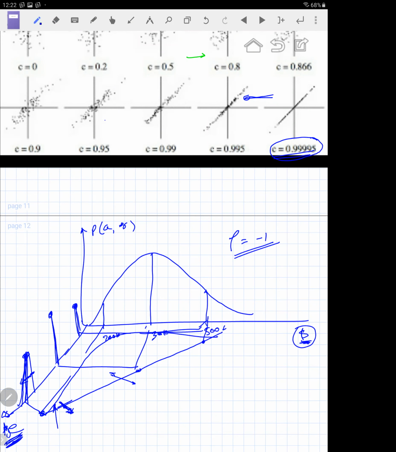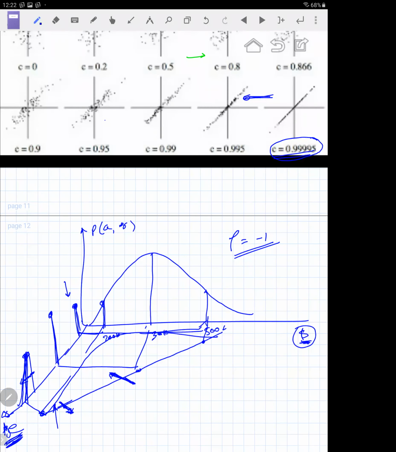Now, as the correlation begins to reduce, it means that the second variable, which is the age in this case, starts to show some variability for a given value of the price. And that variability is seen as a fattening of the curve along this axis, right?